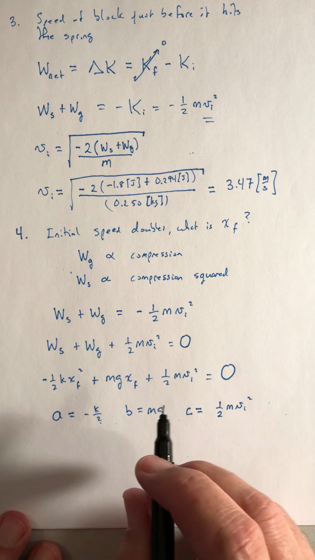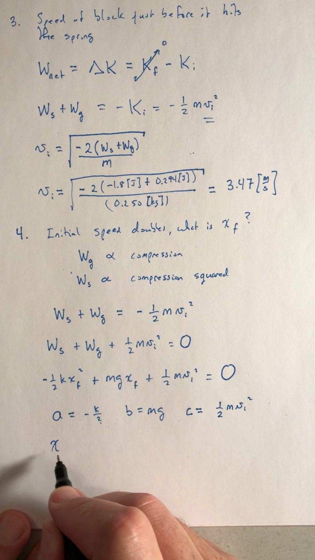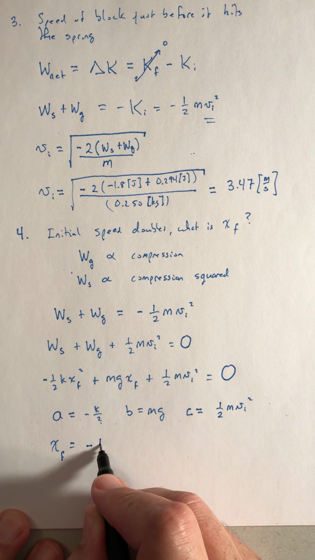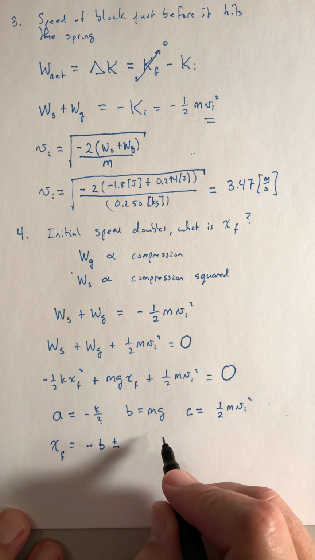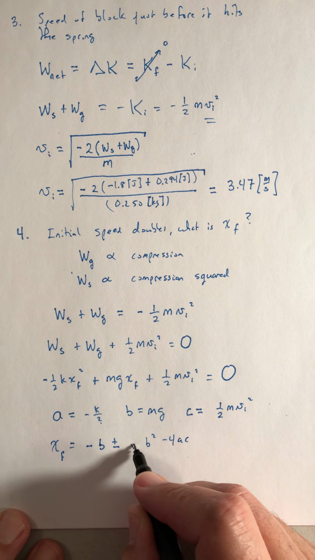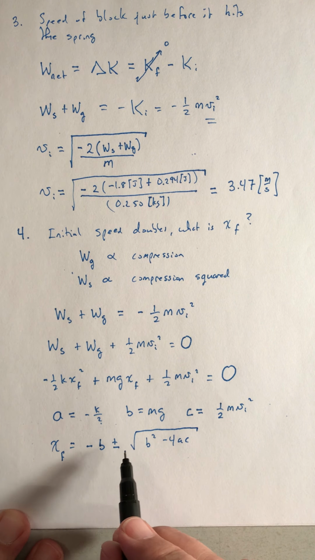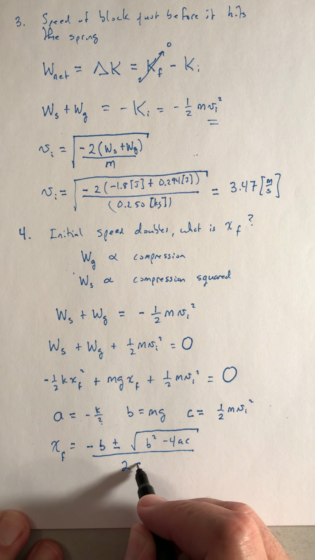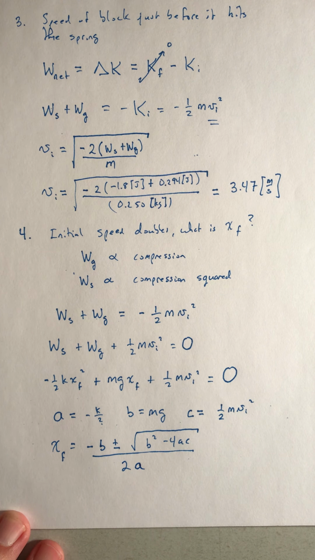All right, our quadratic equation: x final is minus b plus or minus the quantity b squared minus 4ac, all under a square root, and that's all over 2a.